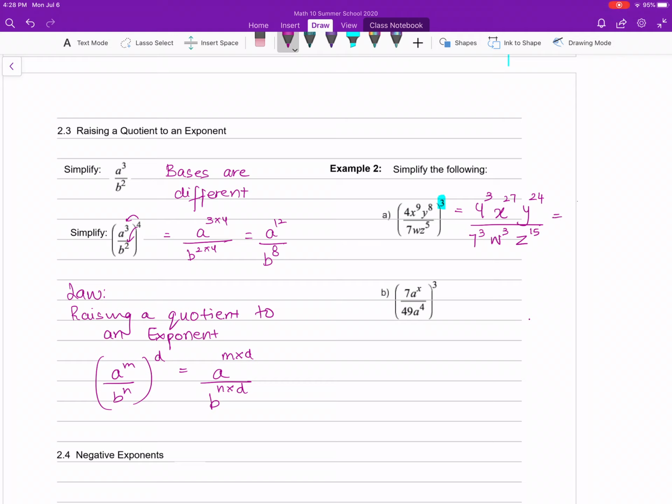Now 4 cubed is 64, x to the 27, y to the 24, divided by 7 cubed is 243, w cubed, and z to the 15.